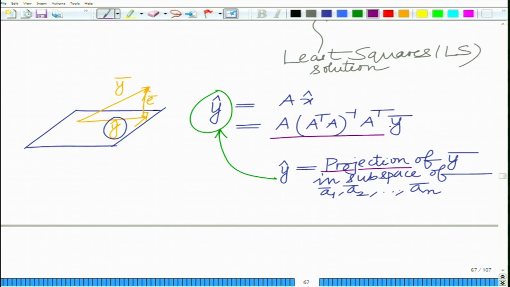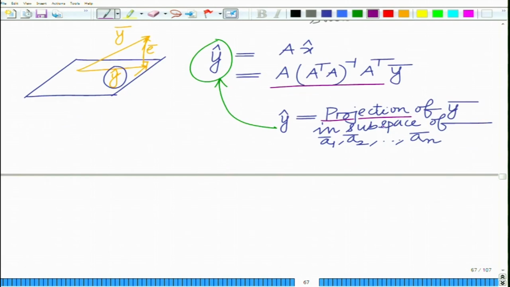So, when you multiply this matrix by y bar, you get the projection. So, this implies that this matrix is the projection matrix.